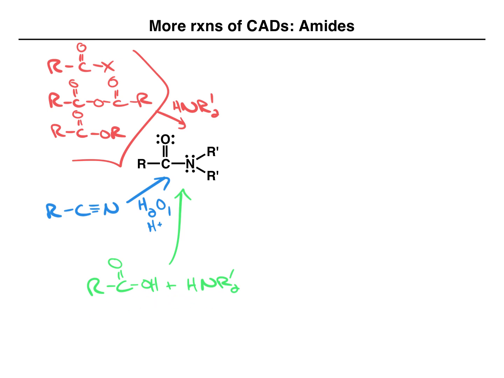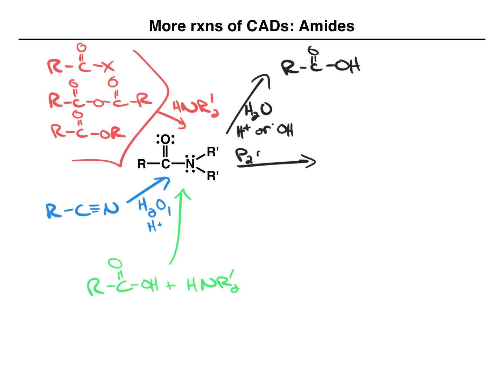Now, as we think of reactions of amides, these can be hydrolyzed either under acidic conditions or under basic conditions, and that will give carboxylic acids. Amides can also undergo dehydration using phosphorus pentoxide or phosphorus oxychloride to give nitriles.